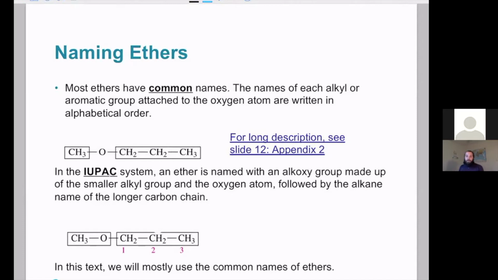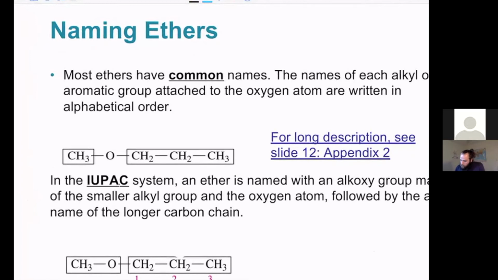So going back into the stockroom and seeing something like diethyl ether, that might literally be the name, even though that's the common name, not the IUPAC name. That could very much be something you would find written on the bottle. So we are going to learn the common names for the simpler ethers. They're not too bad though, trust me.